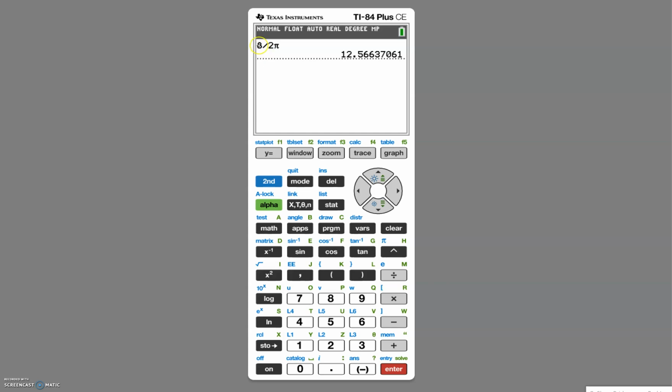Your calculator is doing 8 divided by 2, which is 4, and then multiplying by pi. So when I put this into the calculator, I have to be careful to put the 2 pi in parentheses so that it'll do the division, and you get approximately 1.27.